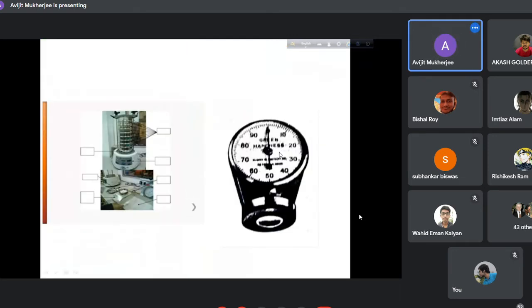There is a spring loaded system, and you may apply pressure manually. So place this tester on the surface of the prepared sand sample, and apply pressure manually.